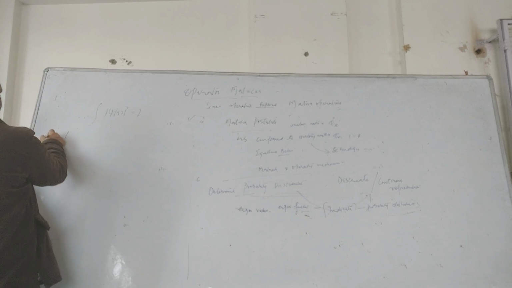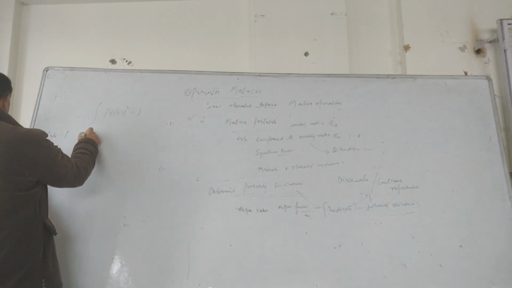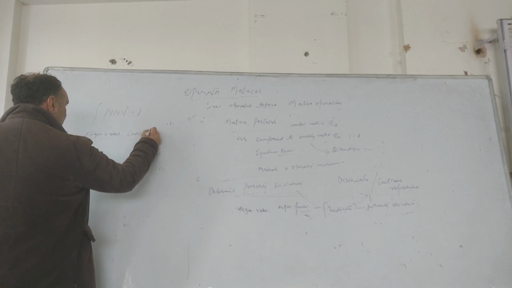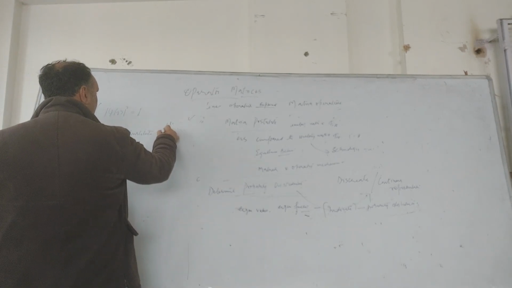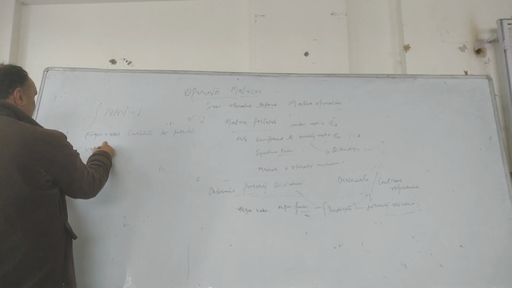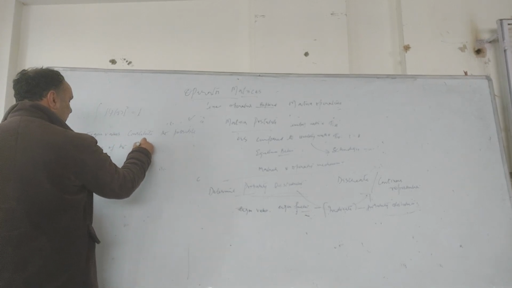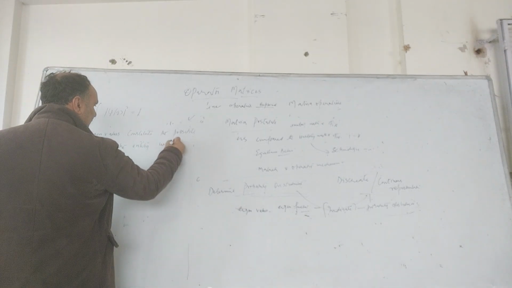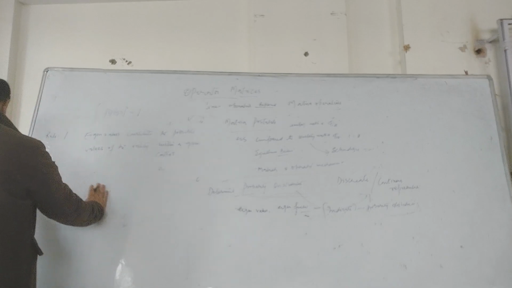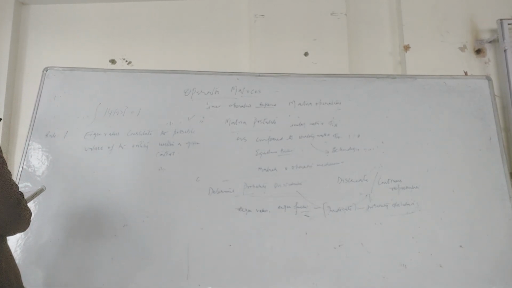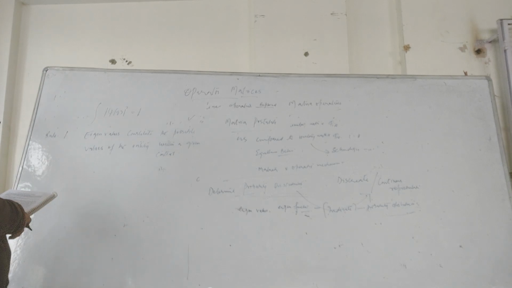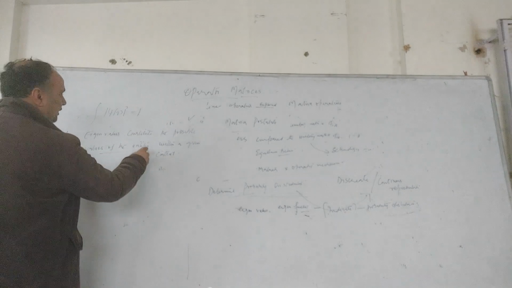Rule one says that eigenvalues constitute the possible values of the entity within a given context. So eigenvalues constitute the possible values of the entity in the new context.